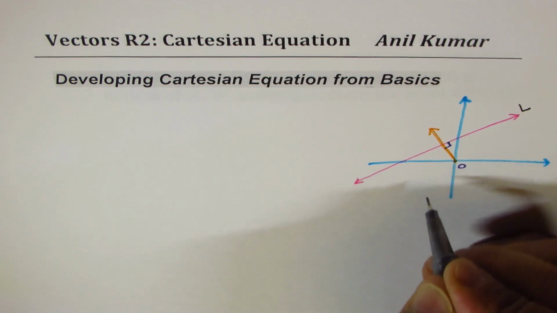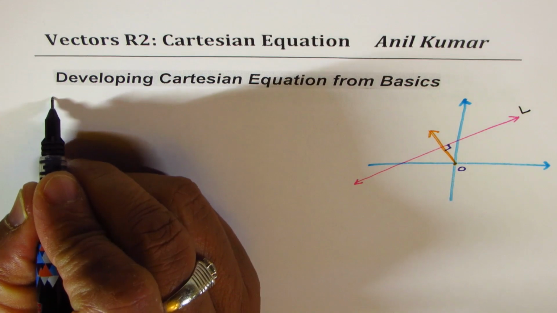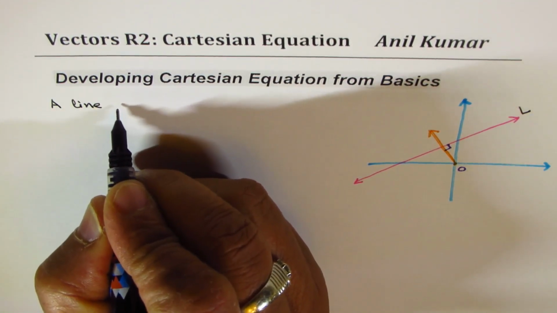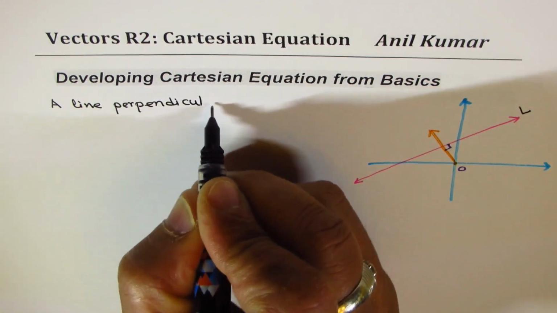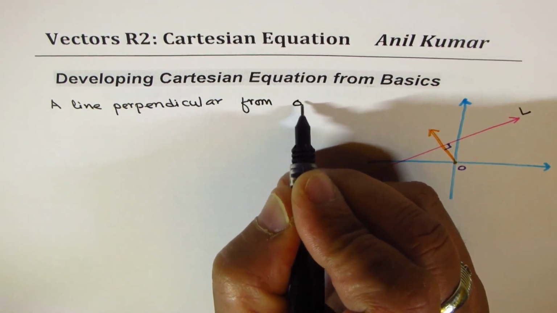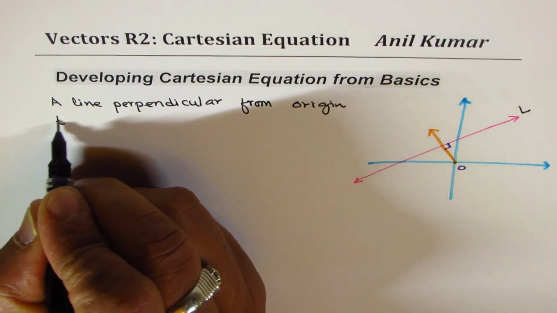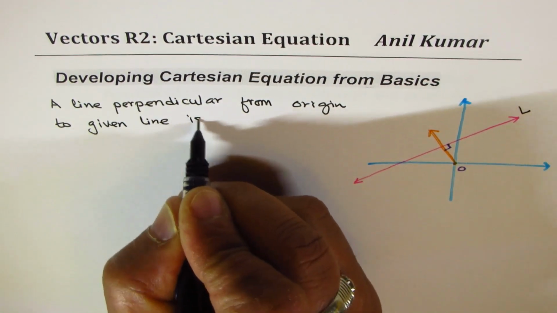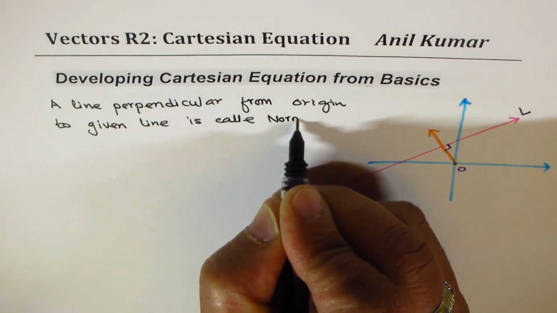So from the origin, any perpendicular to the line, let me write down: a line perpendicular from origin to a given line is what we call the normal axis.